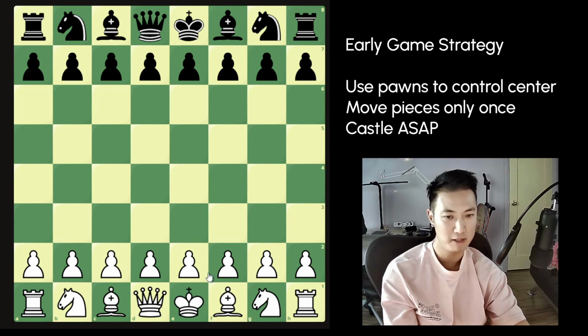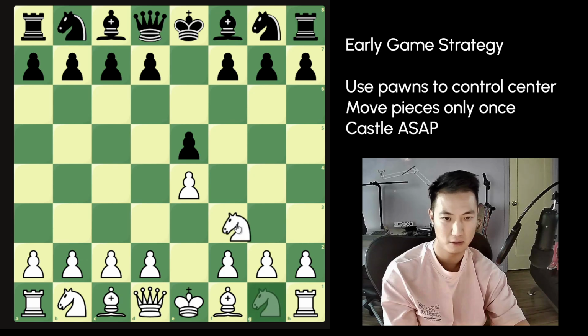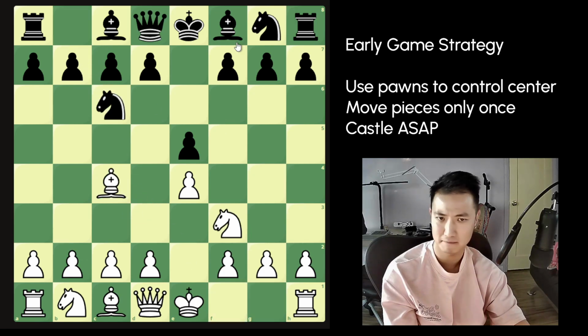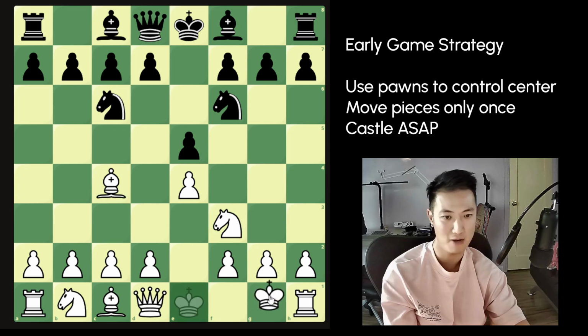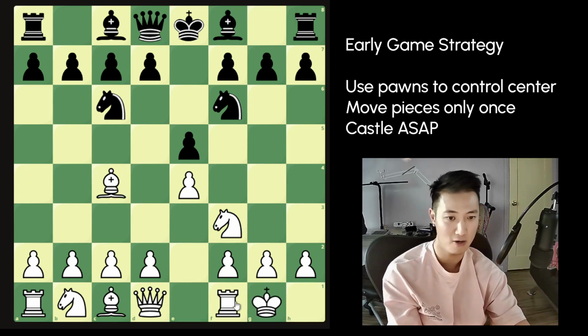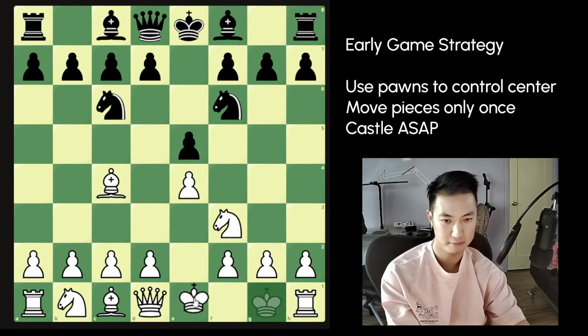When I say move your pieces only once, let's give an example of an opening. This is the Italian game, I believe. So here I've already moved my knight and bishop out, and I moved them once. So now I want to castle like this, and now the early game for me is completed, for white.